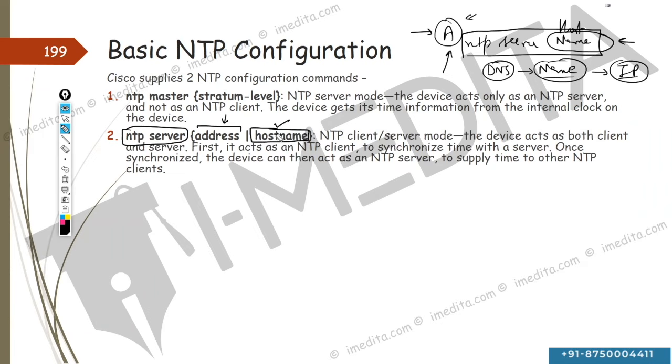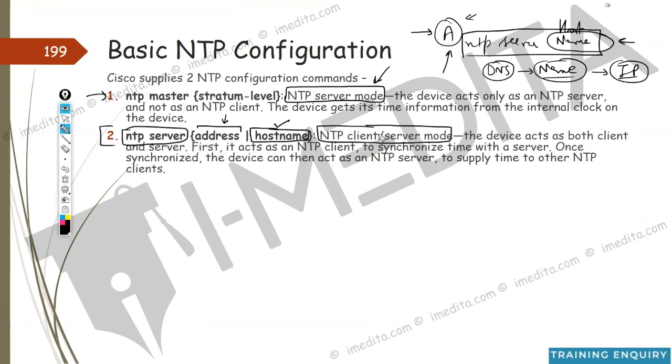Now, notice one thing. With the first command, you are making it only an NTP server. Okay. With this command, you are not making it an NTP client. But with this second command, you are making it a client and server both. And I've found sometimes people don't know this.